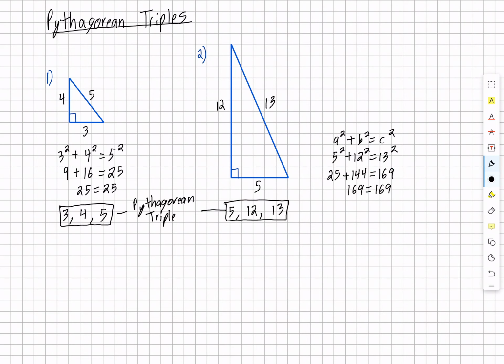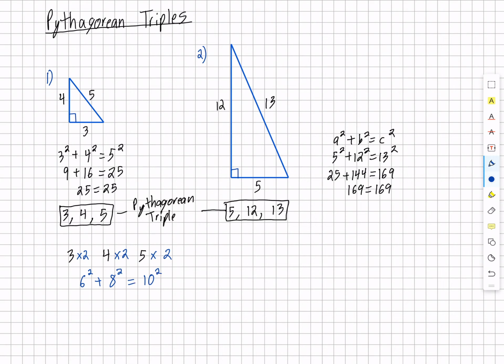So what I mean by that is, say if we took this first Pythagorean triple of 3, 4, and 5, and then let's say we want to multiply each of these sides by 2. So make them 2 times what they are. So that would give us 3 times 2 is 6, 4 times 2 is 8, 5 times 2 is 10. And if we wanted to check this with the Pythagorean theorem, we do 6 squared plus 8 squared, and that's equal to 10 squared.